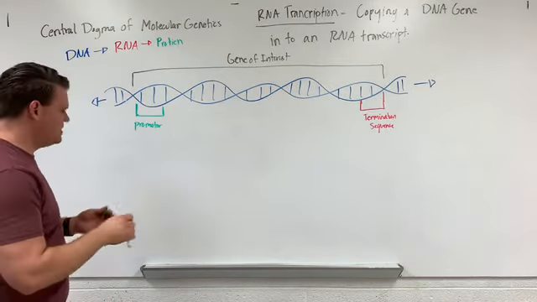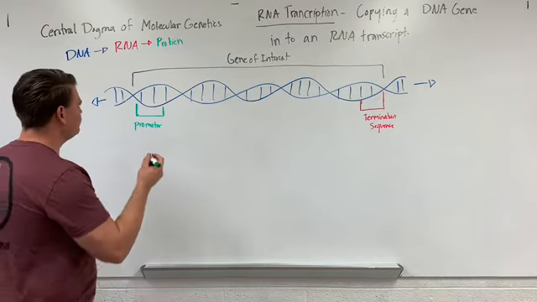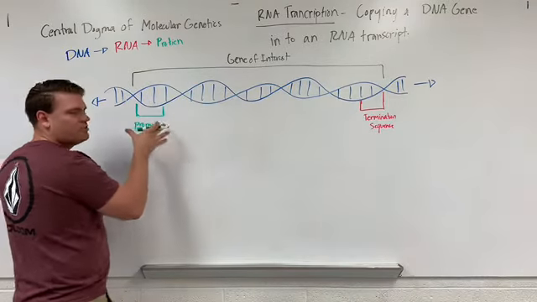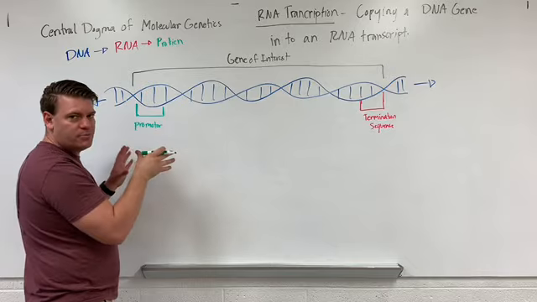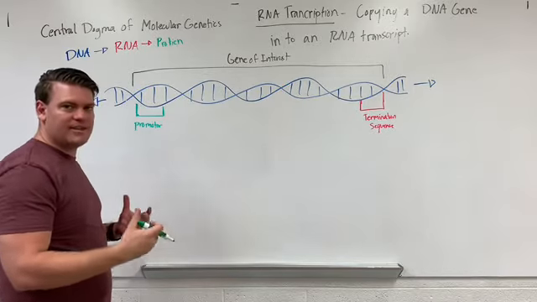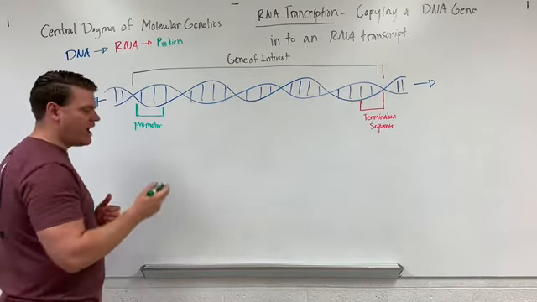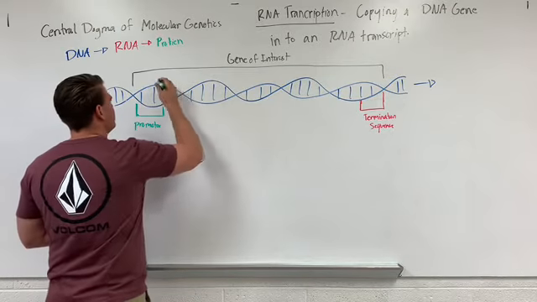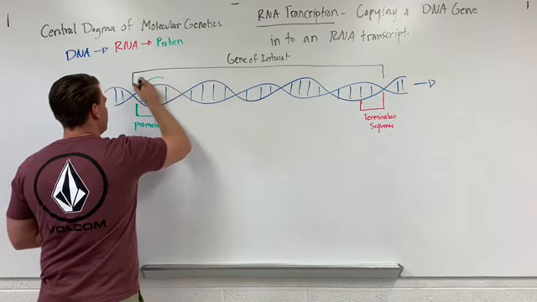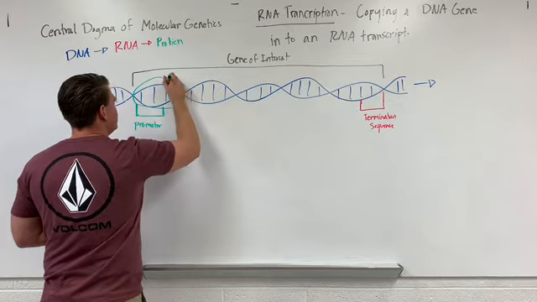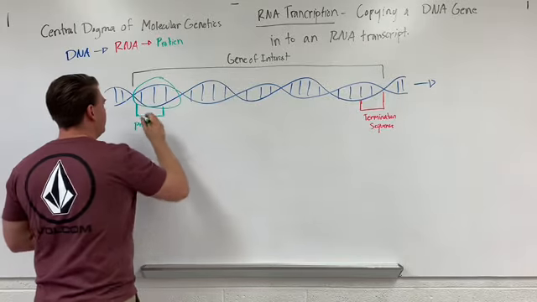And so what happens is that promoter shows the spot right where our next polymerase, so we just saw the DNA polymerase, now we're going to have what we call an RNA polymerase. And these are much bigger than DNA polymerase, they take up the whole double strand.